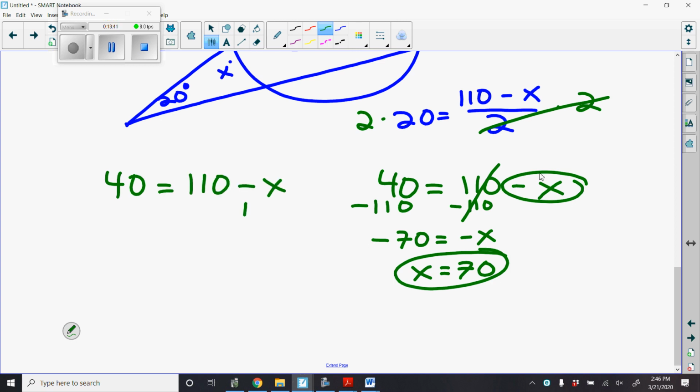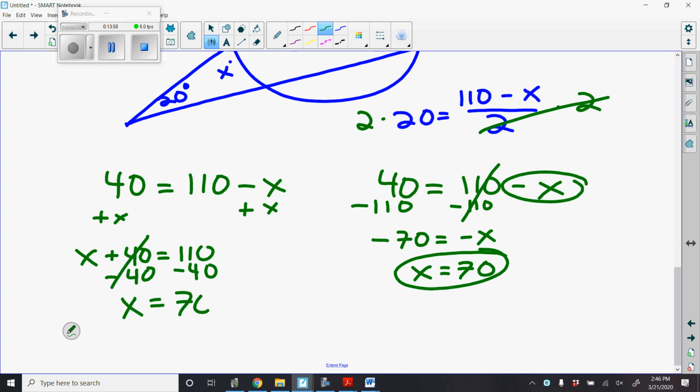What I like to do is just add x to both sides. And I'll say x plus 40 equals 110 minus 40. When you do it this way, since we have a positive x, my answer comes up as a positive 70. Either way you do that, you just have to be careful with your signs there.